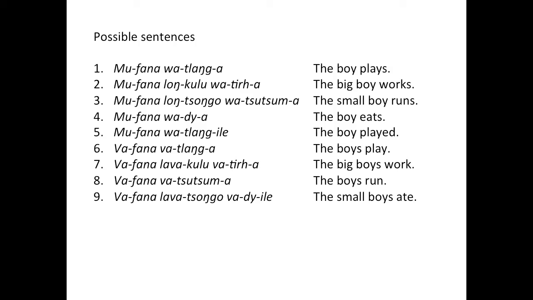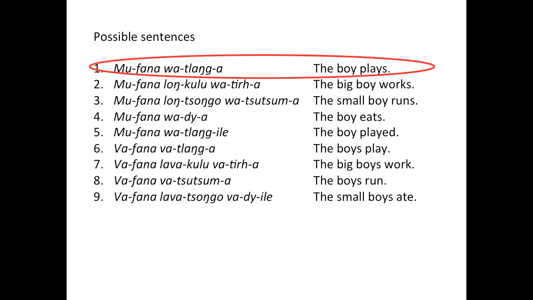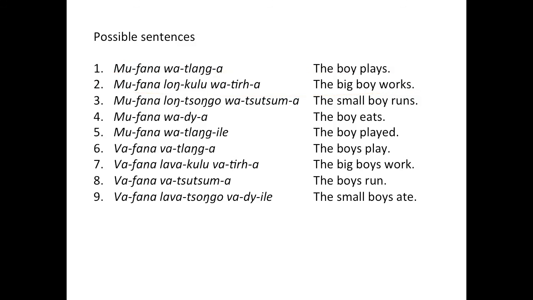The translation for item 1 is the boy plays, and for 2 it's the big boy works. When we look through the rest of the data, we can see that the verbs always translate as intransitive verbs, not transitive verbs. The verbs in the translations are play, work, run, and eat.